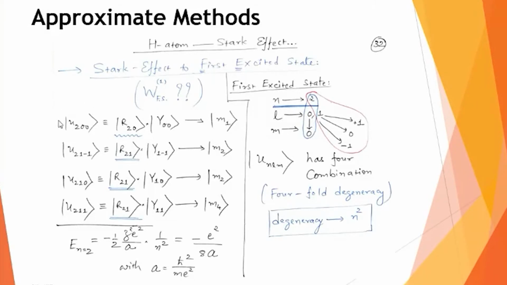This first excited state, written as U200, I can also divide into two parts: one which I call the radial part and another which is the angular dependent part, that is the theta phi part. And in the theory of hydrogen atom, we have already discussed that this angular part, this theta phi dependent part, is represented by the spherical harmonics. And this spherical harmonics we write with the symbol Y. So for the first choice, R N L, that is 20, and for Y we write Y L M theta phi. So L is 0 and M is 0.